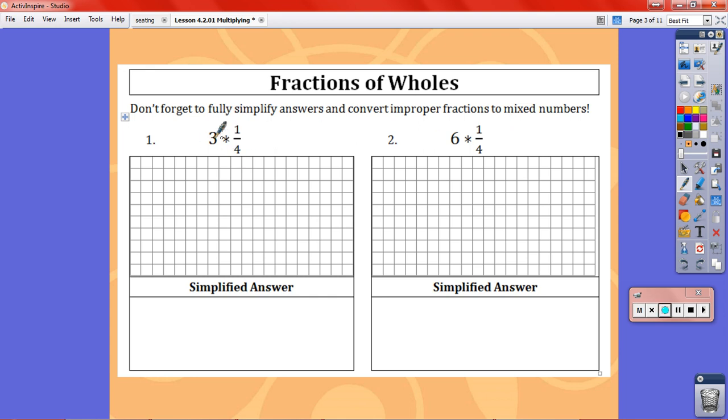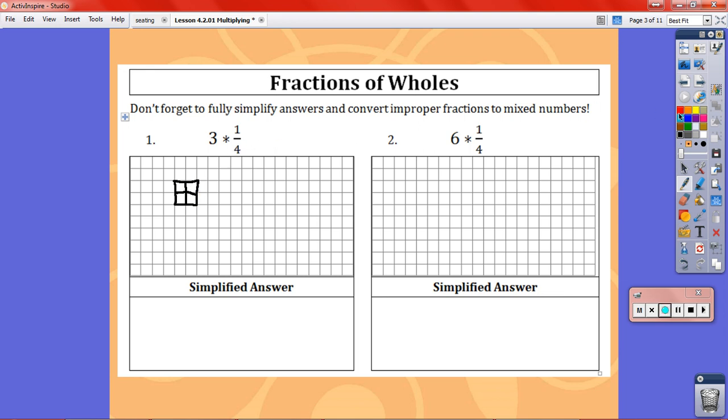So now we have 3 quarters. 3 groups of a 1/4. That's what multiplying is. 3 times 1/4, or 3/4, 3 quarters. If I drew that as a picture, well, that was ugly. 4 pieces. 4 boxes.